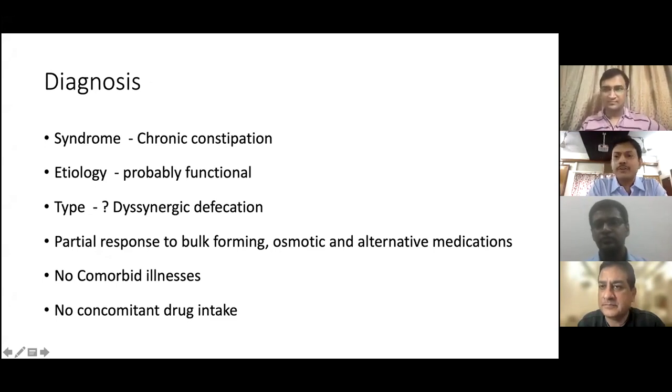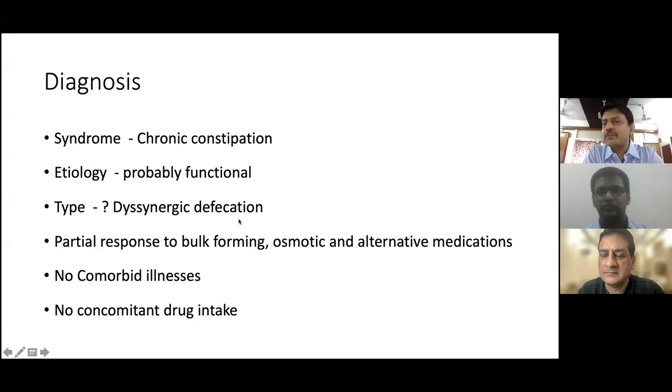And as Dr. Govind was saying, in clinical trials, the most commonly used parameter is a complete spontaneous bowel movement, and they look at a CSBM of at least 3 or more per week as one of the endpoints. But for our patients, remember, apart from bowel movement, other perception things are also very important, because if those are not improving, then the patient's quality of life may still not be better. Even though you have 3 movements a week, the patient may not be feeling much better than he was earlier.